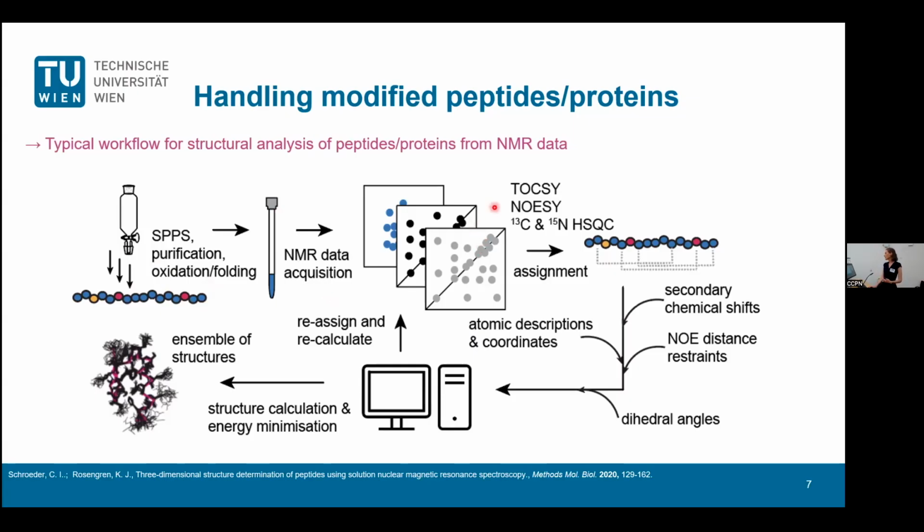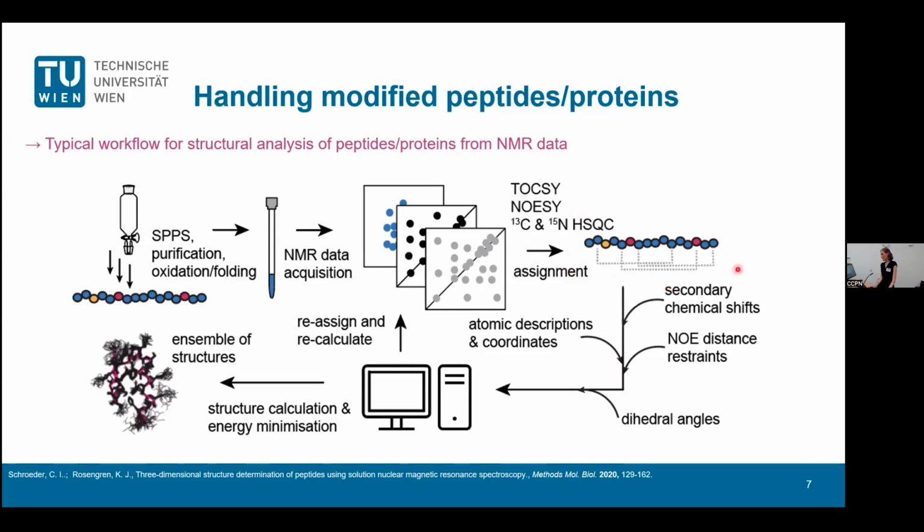And here, if we are working with natural abundance isotope, a lot of our data is heavily focused on proton-proton, TOCSY, and NOESY data. So that's where we get most of our information from. If you have enough material and a high enough resolution instrument that you can get some time on, you might be lucky and also get a carbon and nitrogen HSQC, which is incredibly useful, as I'm sure you know. But triple resonance data is not really an option.